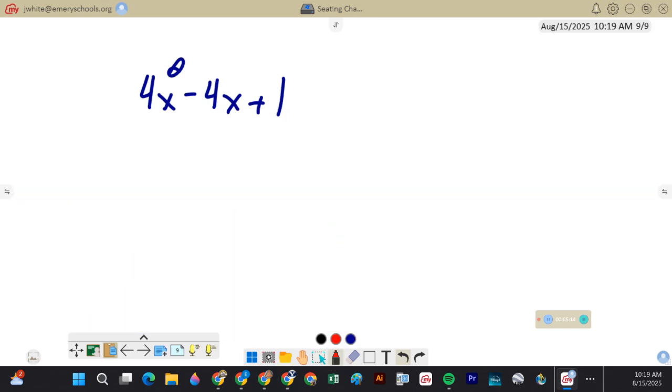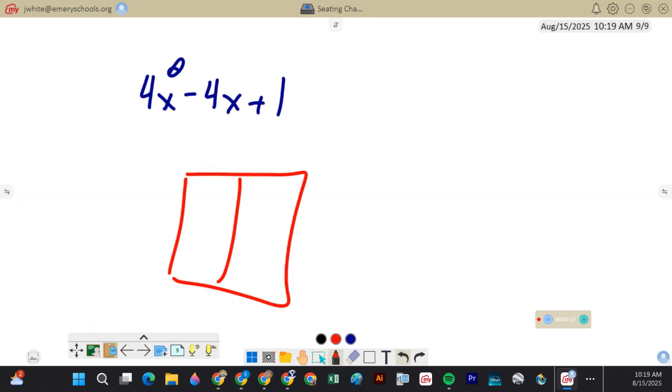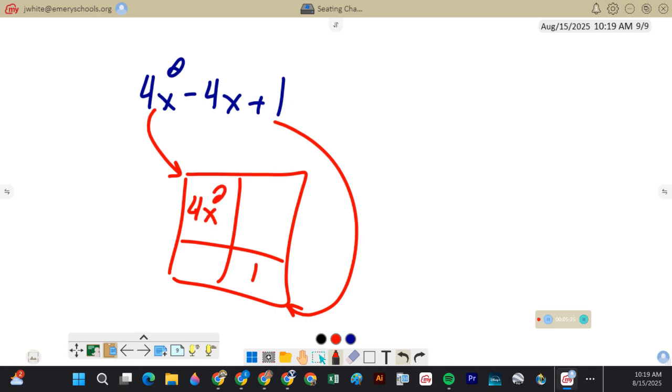So I draw the box, and I stick this in, and I stick this in. So 4x squared and 1. And this will actually work on all the other problems that we've already done, but you don't need it. If you have a leading coefficient, it's really, really hard to do these in your head.